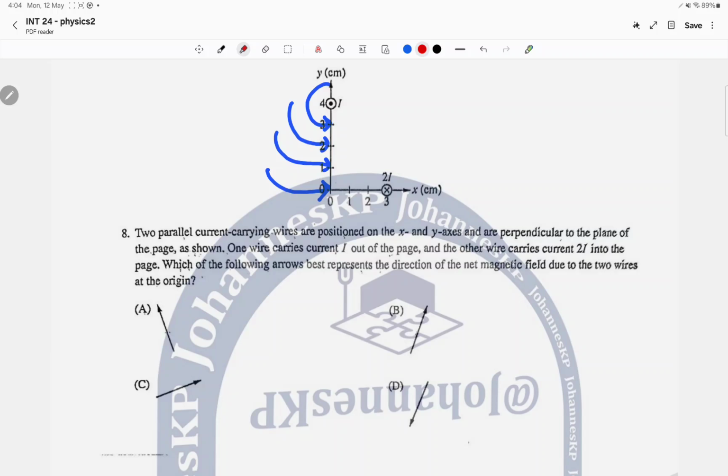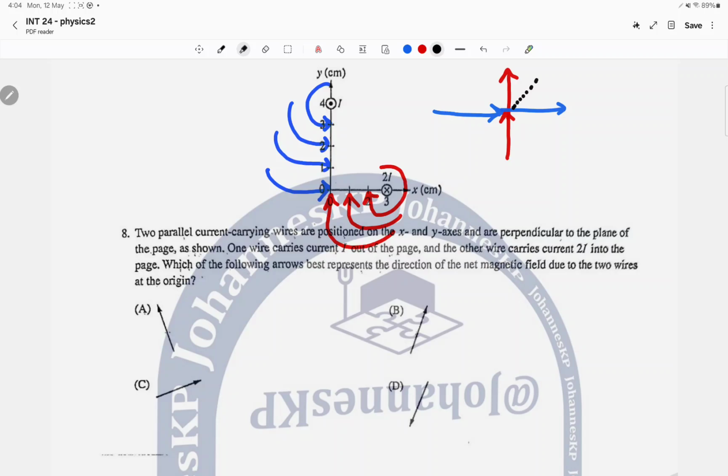So point thumb into the page, curl clockwise. That's 1. That's 2. 3. So now the blue one's going to the right. Red one's going to the top. Continue. That means you now have to find the hypotenuse. But the question is, is the hypotenuse pulled more toward the blue one or toward the red one?